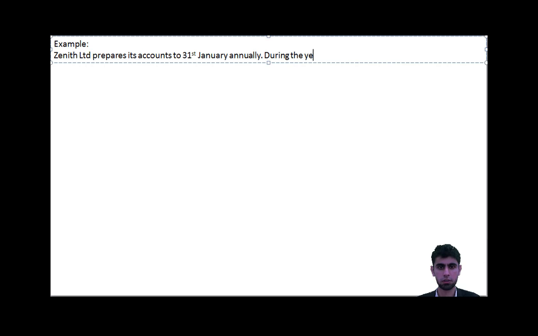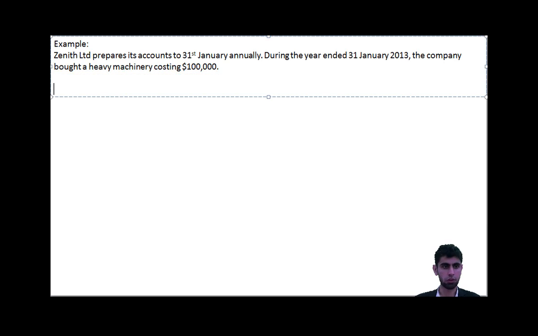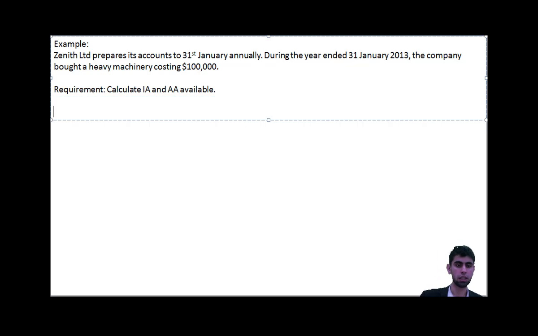During the year 31st January 2013, the company bought a heavy machinery costing $100,000. So the requirement is to calculate initial allowance and annual allowance available. That's what we have to calculate.